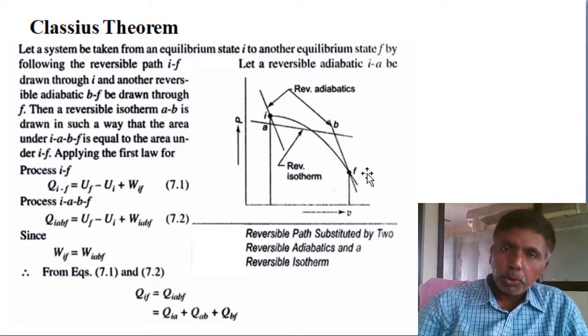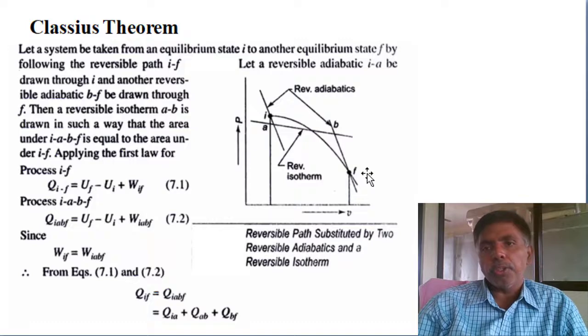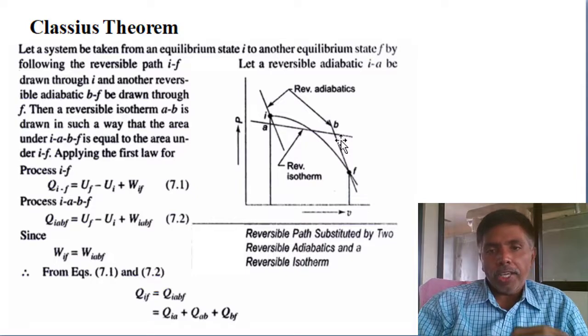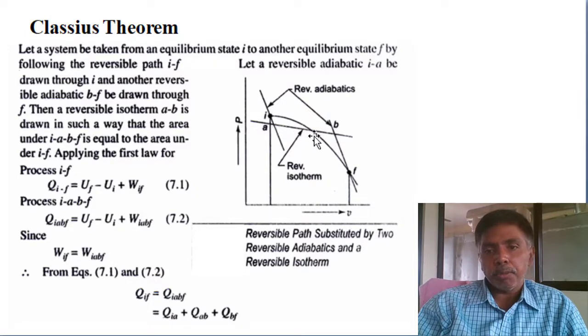I can substitute this unknown process by a known process. The known process I am selecting is an adiabatic process I2A, then an isothermal process A2B, and then another adiabatic process B2F. So IF is substituted by IABF in a zigzag way.